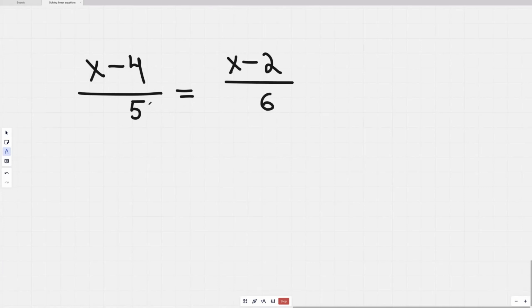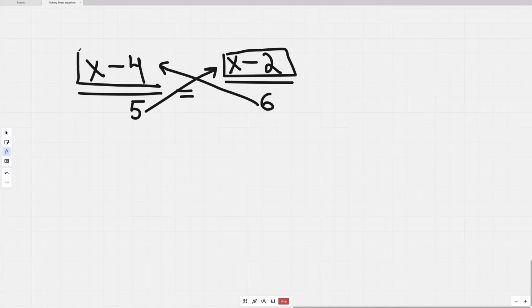To make it simpler, the 5 here should be multiplied to this thing here, and then the 6 to the x minus 4 here.